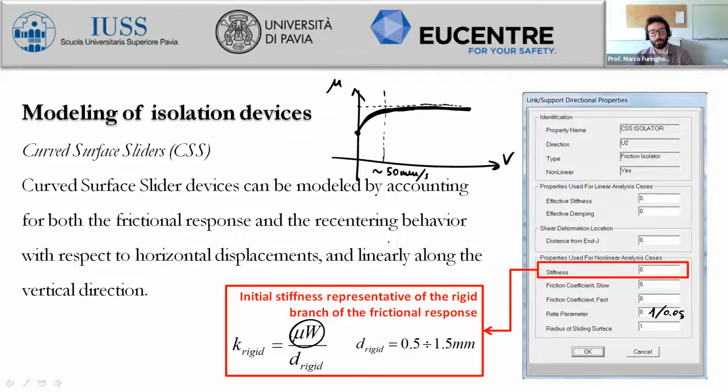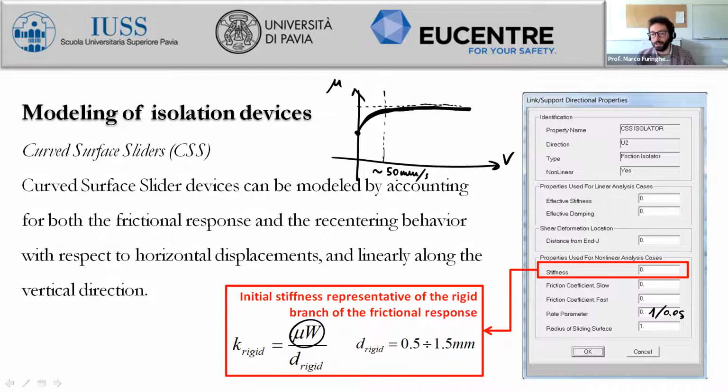And actually, the portion of the increasing branch for this dependency is so small, and for so low values of sliding velocities, that the shape of the overall hysteretic loops is much more comparable to the purely rectangular one.